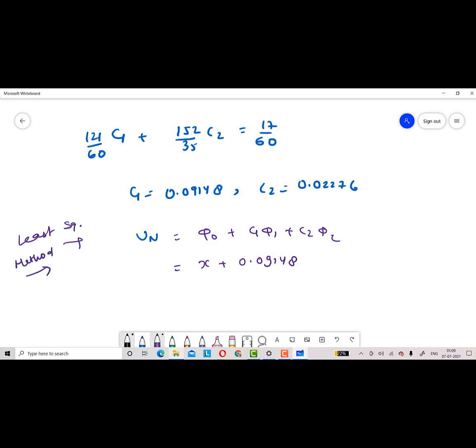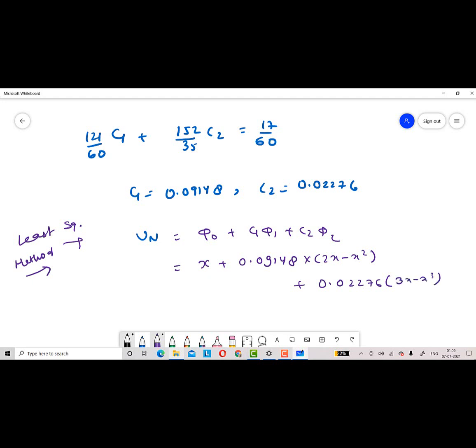It is not very difficult. Phi 1 value is 2x minus x square, plus C2 value is 0.02276, and phi 2 is 3x minus x cube. So this is our final solution.